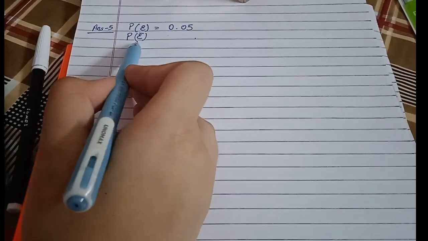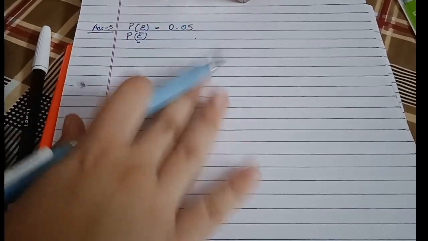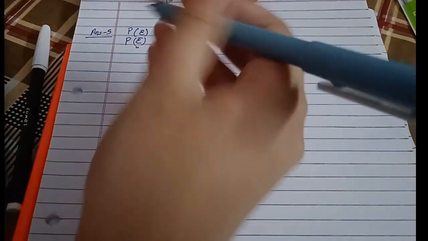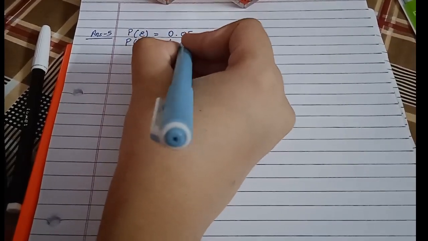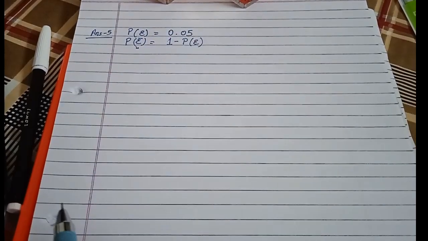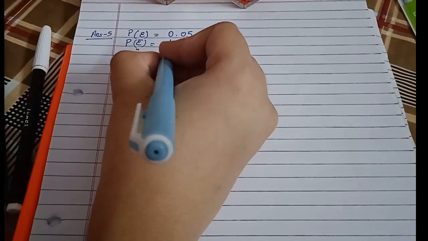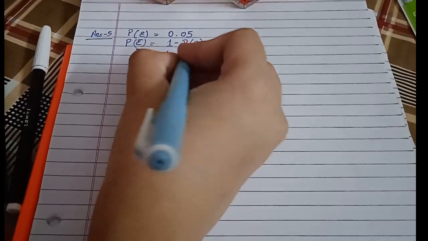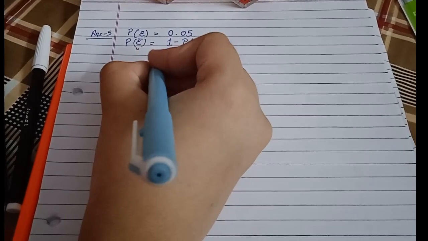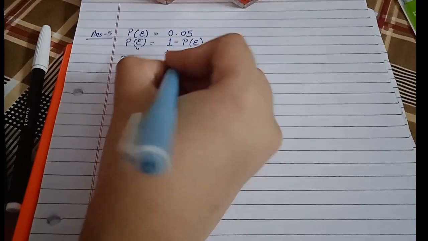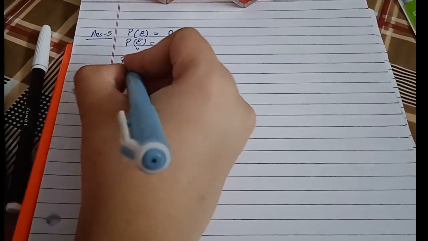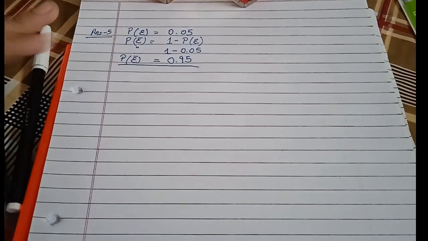This symbol represents probability of not happening, right? So what is the formula? It was 1 minus probability of happening, right? So we'll do 1 minus 0.05 and it will be equal to 0.95. So it is as simple as this.